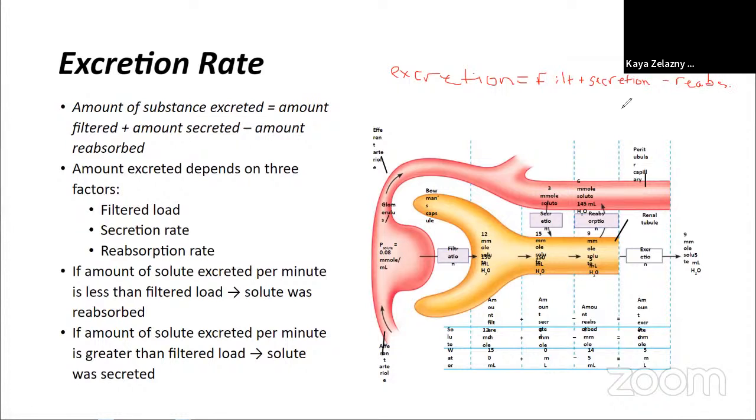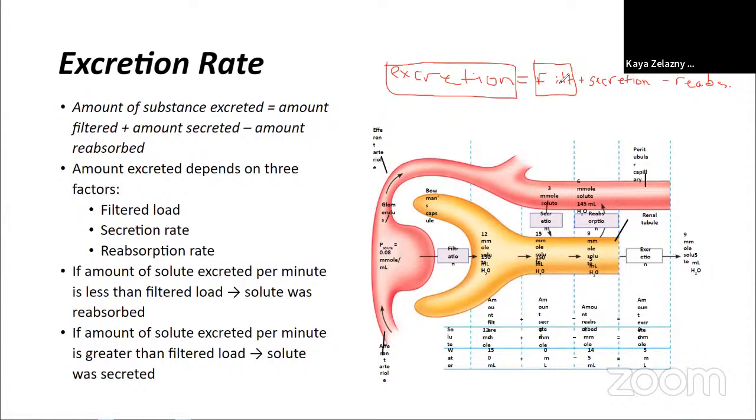Okay. So if we know the excretion rate, so we could measure how much of something is in the urine. And if we can measure how much is being filtered, which we talked about when we talked about glomerular filtration rate. So this would be your filtered load, which was basically the concentration of a substance in the plasma multiplied by the glomerular filtration rate.